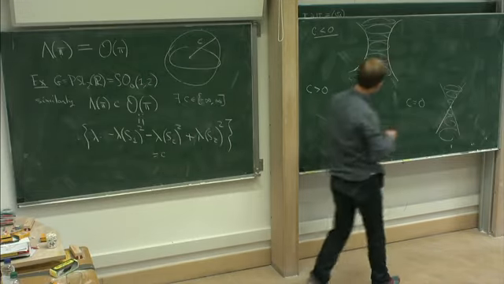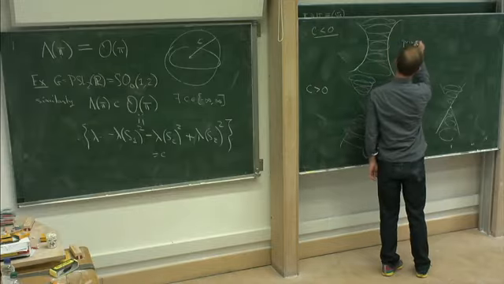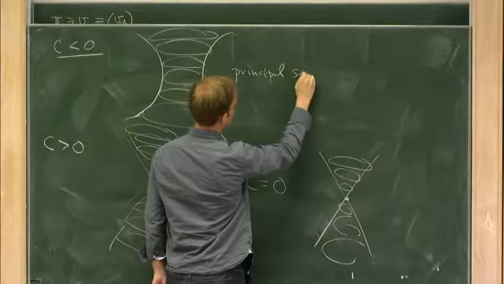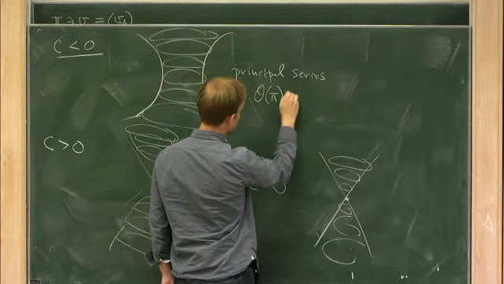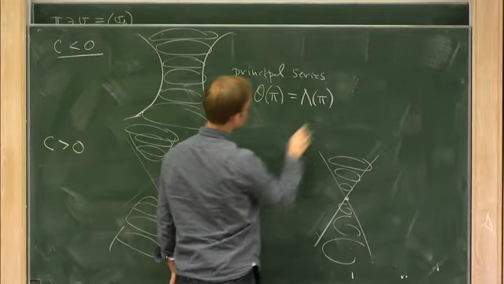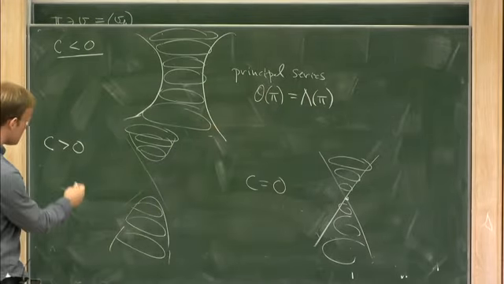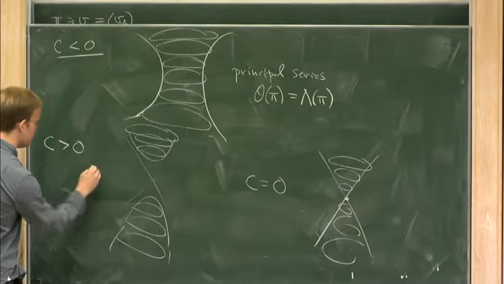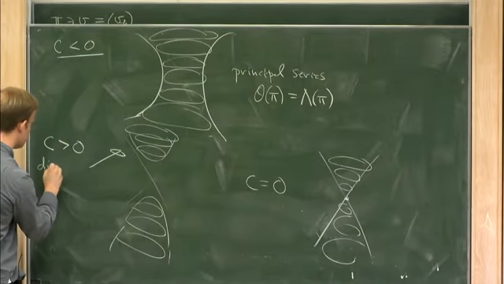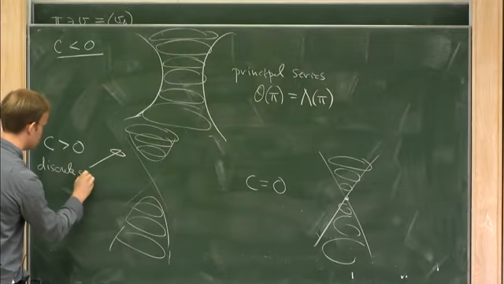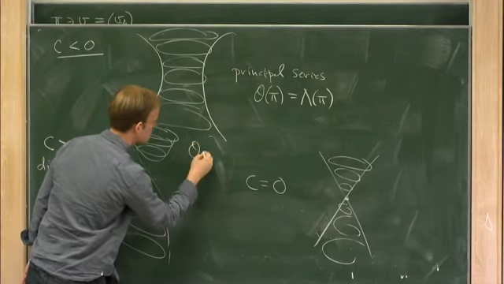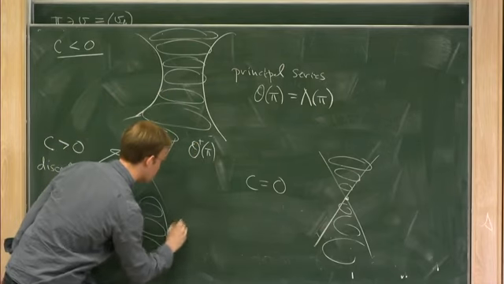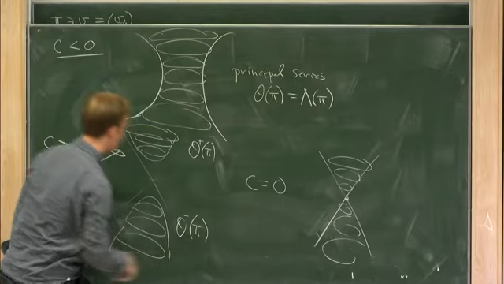So if you want, this picture here corresponds to the principal series representations of SL2R. And for such examples, it can be very easily verified that lambda of pi is the entire space. These correspond to the discrete series representations. So we have two connected components here. Let's call this one O plus pi, and this one O minus pi.